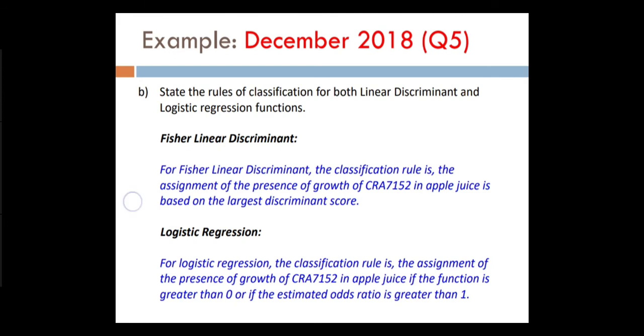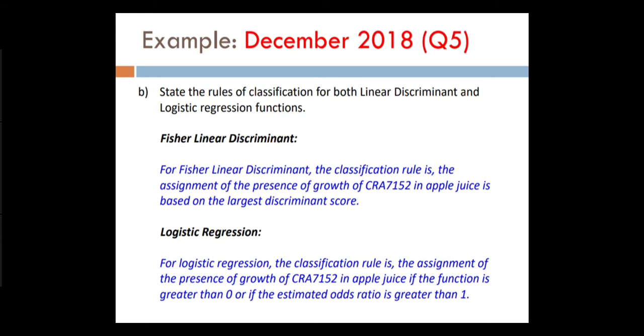Okay, for logistic regression we have two rules. The classification rule is the assignment of the presence of growth, which is Y, whether it is for group 1 or group 0. If the function is greater than 0, when we replace all the values in the logistic regression function, we say that the newcomer goes to the presence group 1.